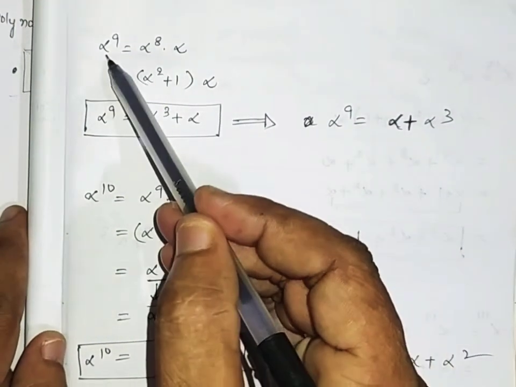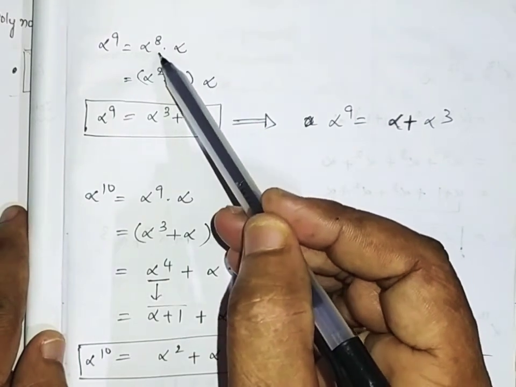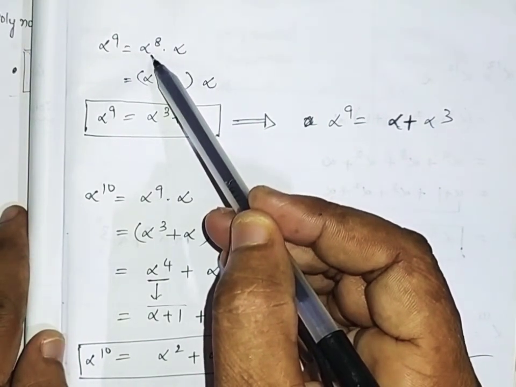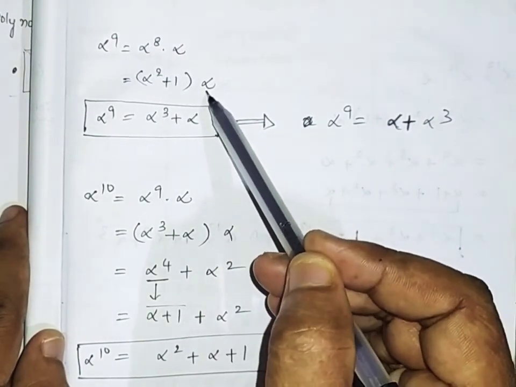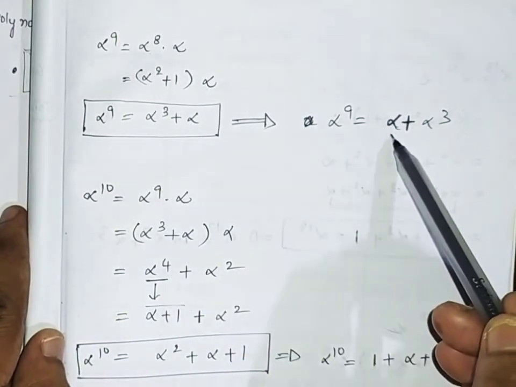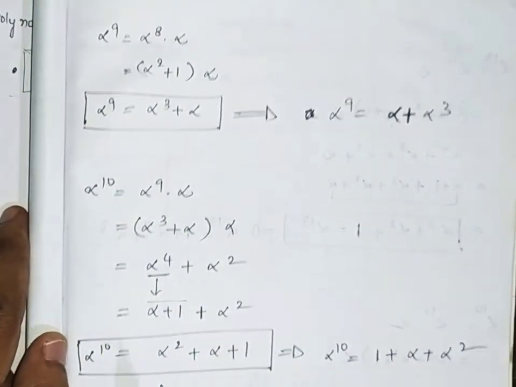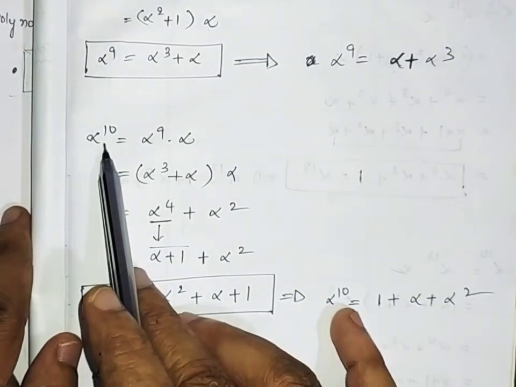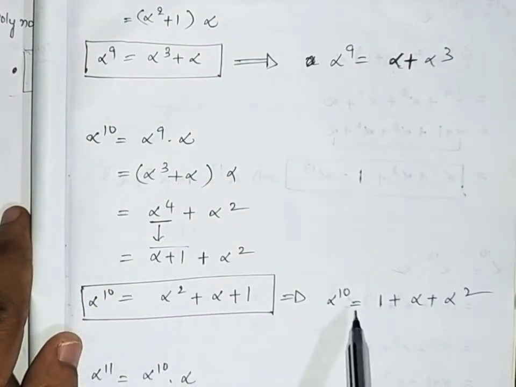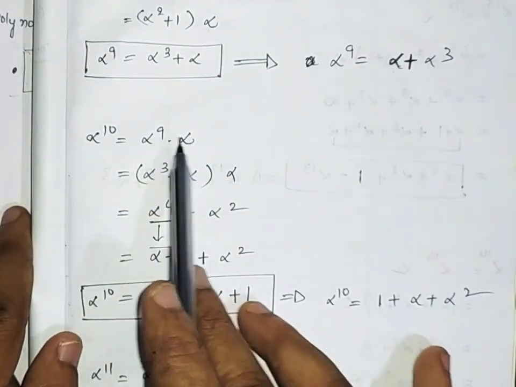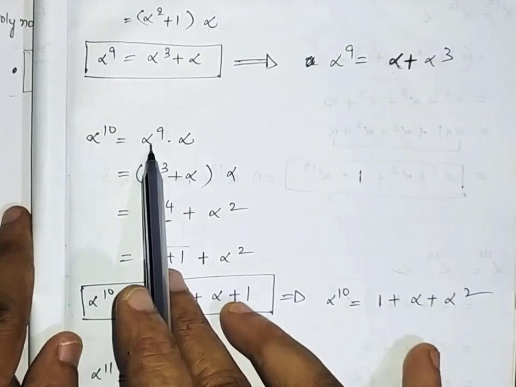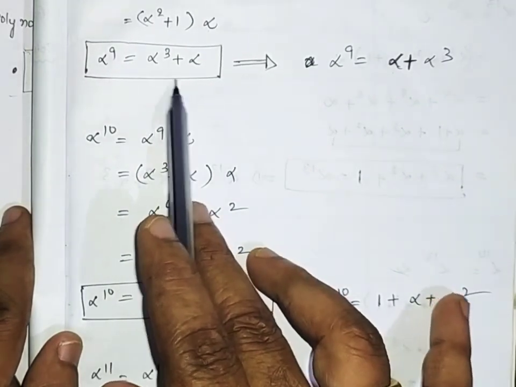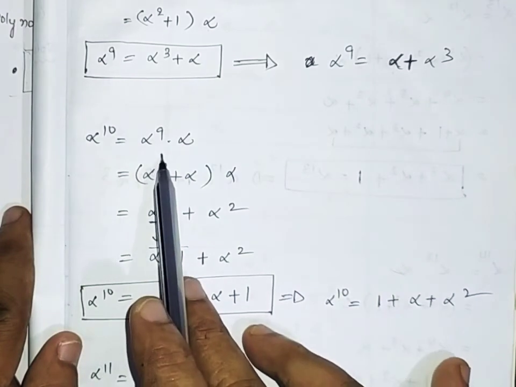Alpha power 9 is equal to alpha power 8 into alpha. Substitute the result of alpha power 8, and upon multiplication with alpha, we get the result for alpha power 9. And similarly construct alpha power 10. Alpha power 10 is equal to alpha power 9 into alpha. We know alpha power 9 from the above equation. Let us substitute alpha power 9 here.